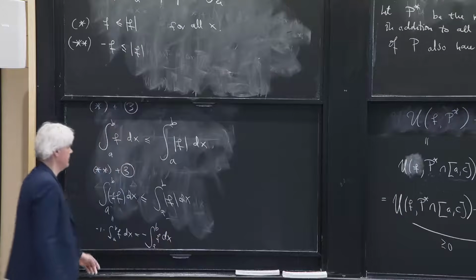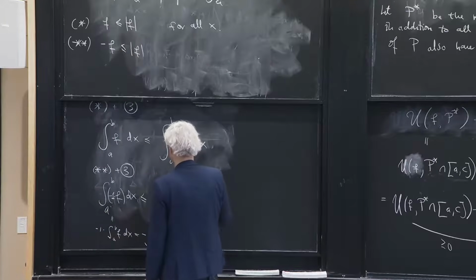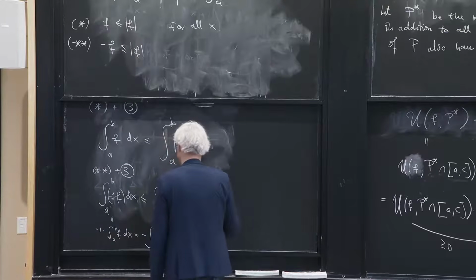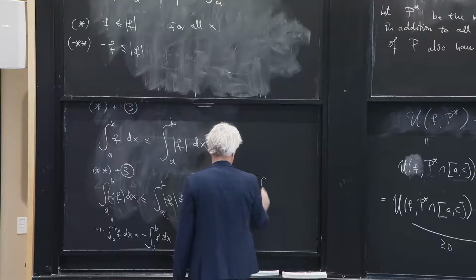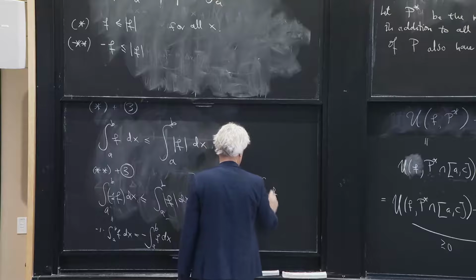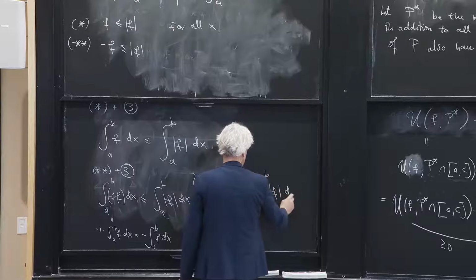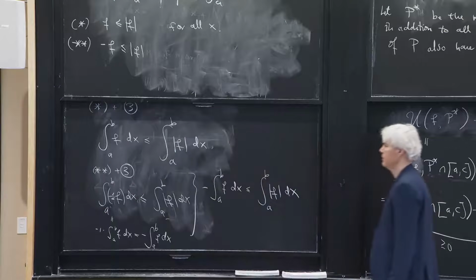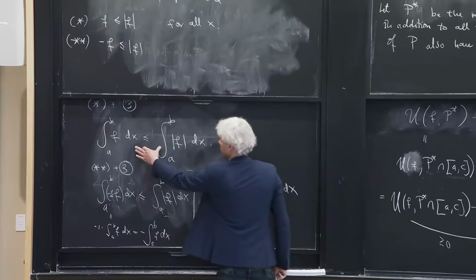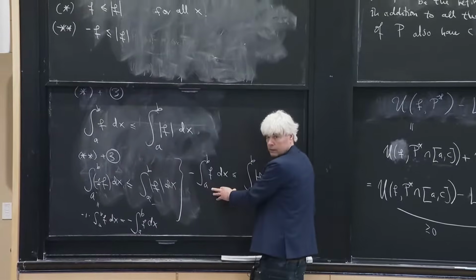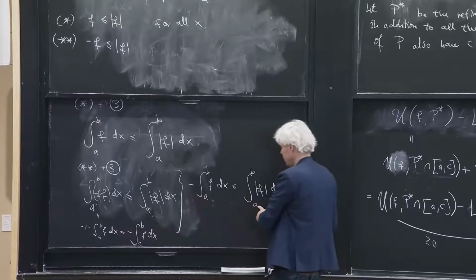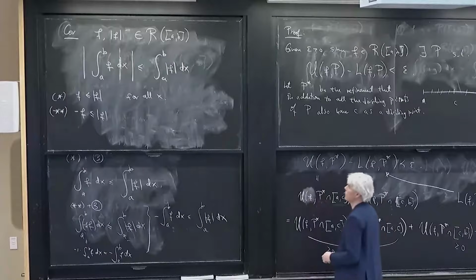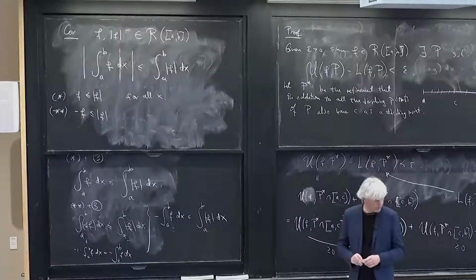So you see that the second one implies that minus the integral from a to b f dx is less or equal to this thing here. And so now you have this thing here and that thing here. Together it just means that the absolute value of the integral is bounded by this. Right? And so that's really this corollary. Okay.